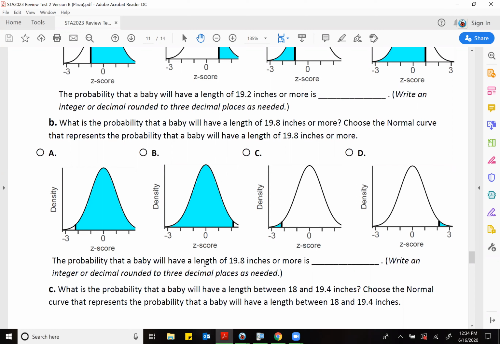So we don't have to put it on StatCrunch. You could use your calculator. You could use StatCrunch if you have access to it right now. But what is our probability to 3 decimals?